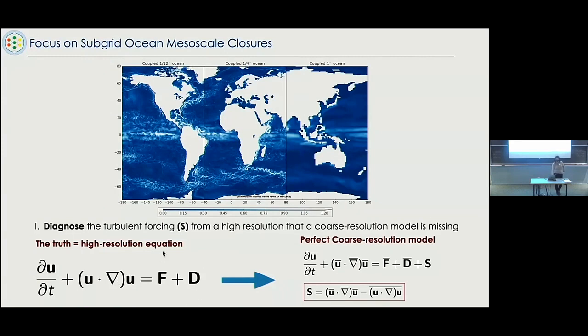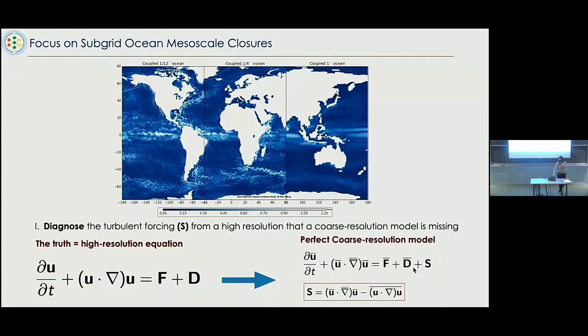We're going to take that equation, filter it, and map it onto a coarse resolution grid. That's what we do here on the right-hand side. If I filter it, coarse grain it, I end up with this equation, and I get an extra term. The extra term is basically the difference between the coarse resolution advection and the coarse-grained advection from the high-resolution flow. And so this term that is missing here on the right-hand side is what we're trying to mimic.